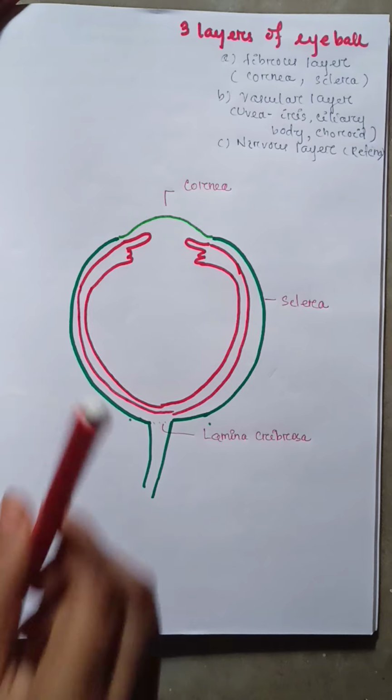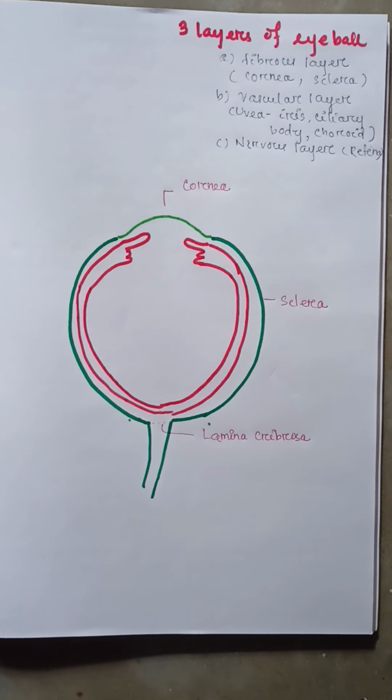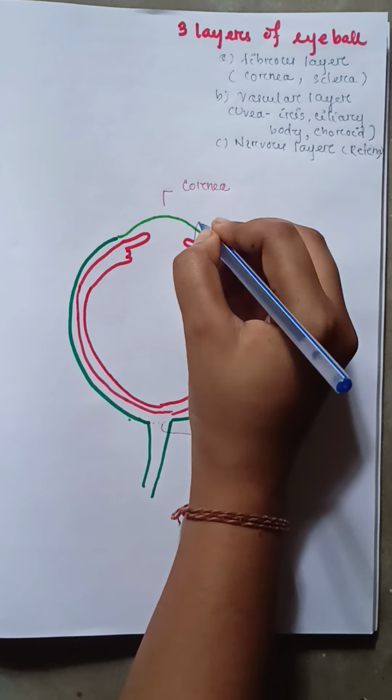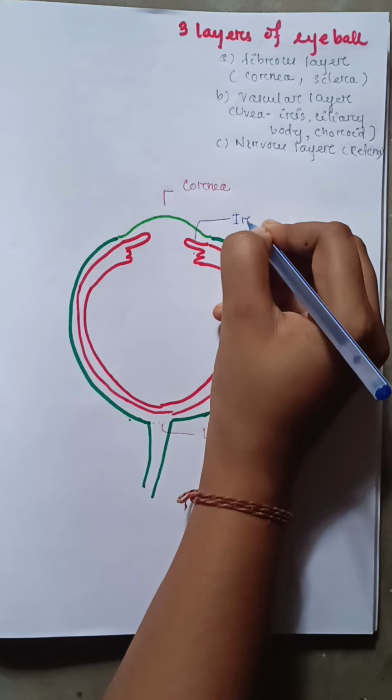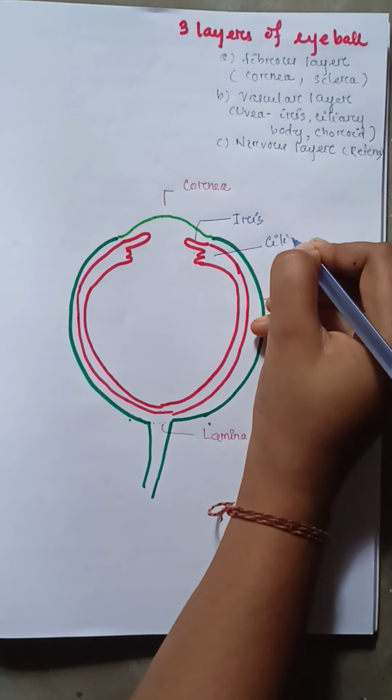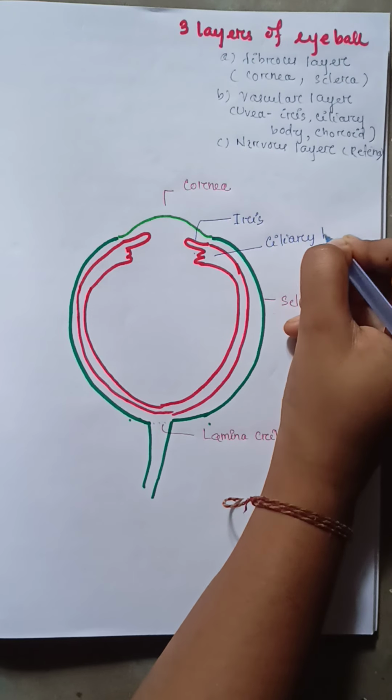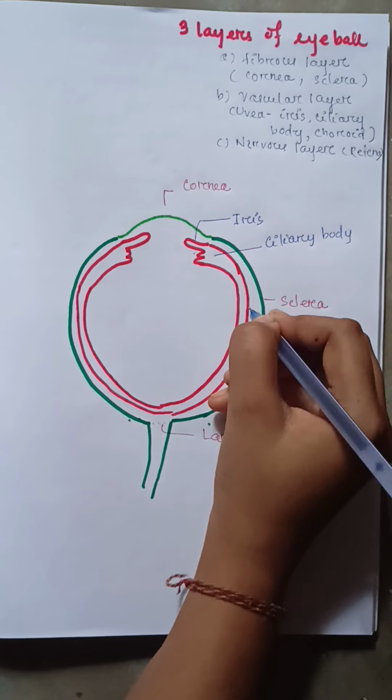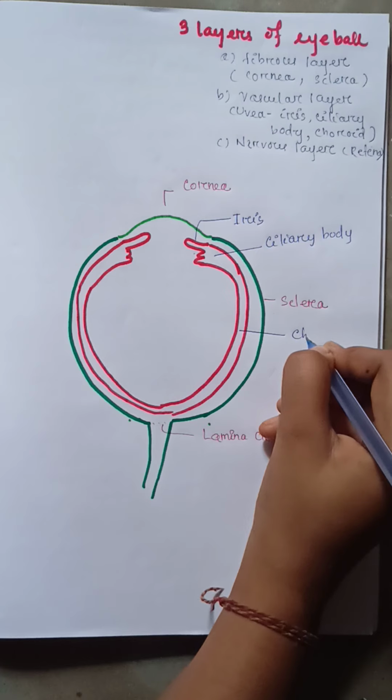Then okay, we will label that. So this is our iris, this is the ciliary body, and the rest of the part is the choroid.